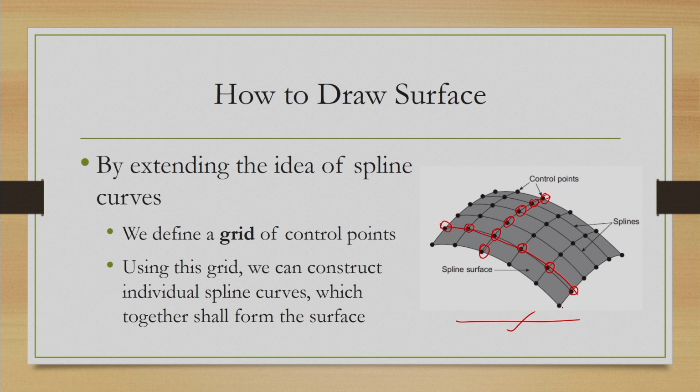So, to get this surface we define a grid shown in the field of circles here. Using one subset we get one spline curve, using another subset we get another spline curve, which are intersecting, and when we get this grid of curves we get the surface. The surface is defined by that grid. So, this is the simple way of getting a surface.